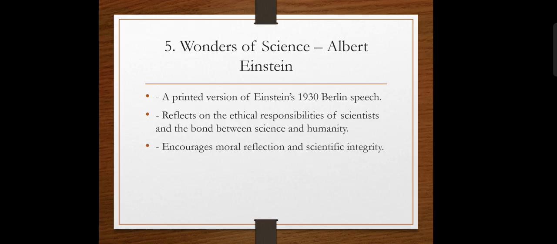Now we have the second module, Wonders of Science by Albert Einstein. This is a speech delivered by Einstein in Berlin in the 1930s, revealing a dimension of a scientist that is not confined to the laboratories. He discusses the ethical and spiritual responsibilities of scientists and engineers, and emphasizes that science without humanity is incomplete.